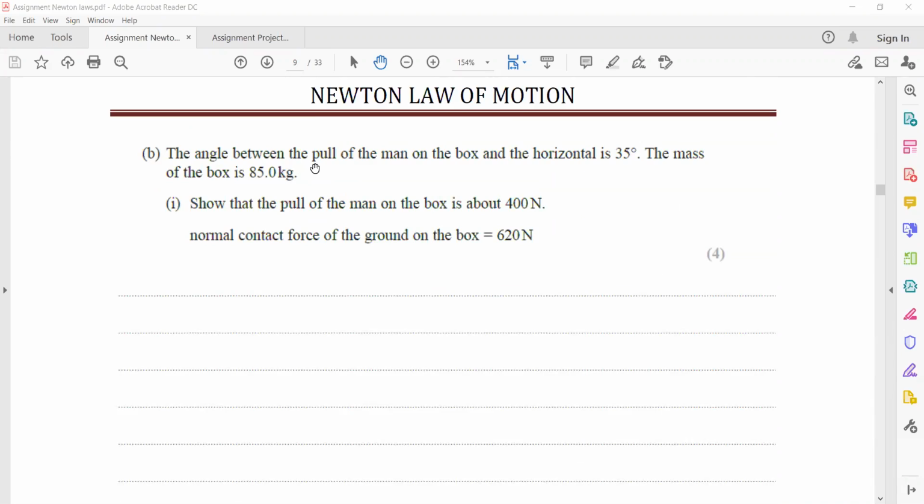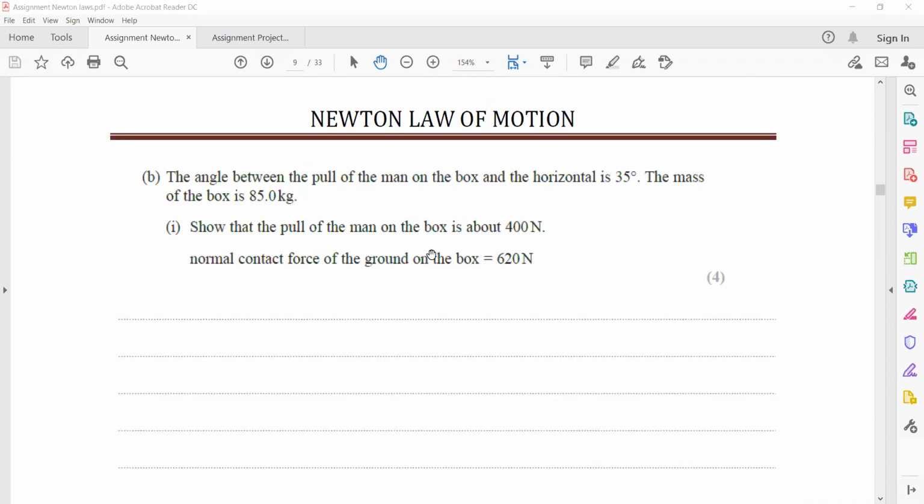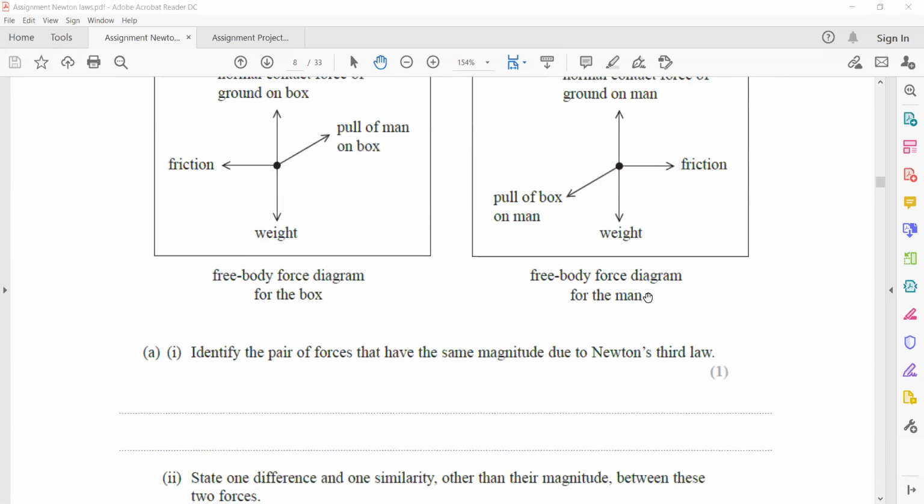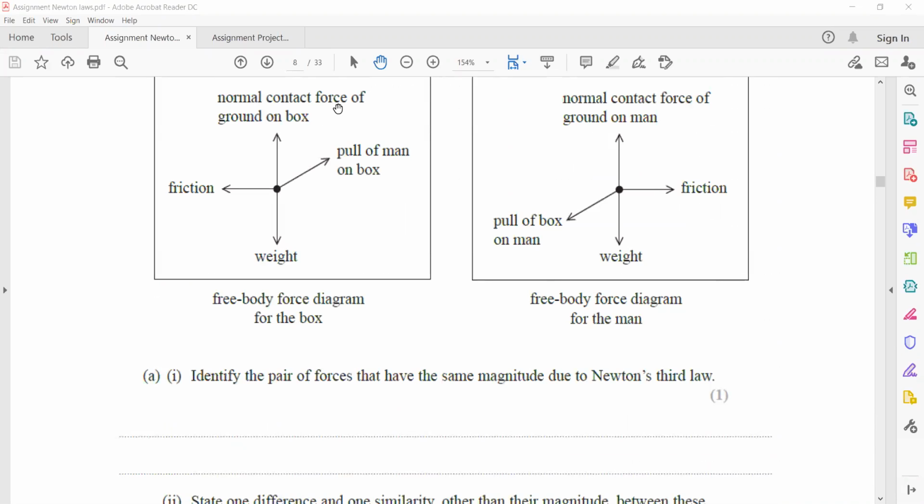The angle between the pull of the man on the box and the horizontal is 35. The mass of the box is 85. Show that the pull of the man on the box is about 400. The normal contact force is given as 620. The pull of the man is making an angle of 35.